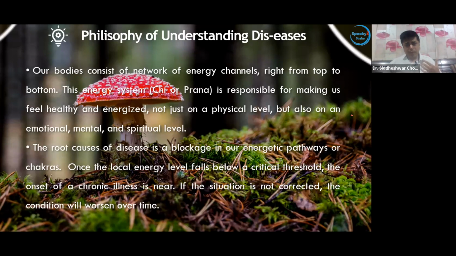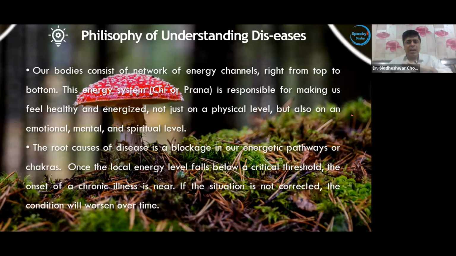So we address the root issues of a person, we address the subconscious beliefs of a person, and then we ease that belief, we ease the tension resulting due to that belief, and we work at that energetic level.